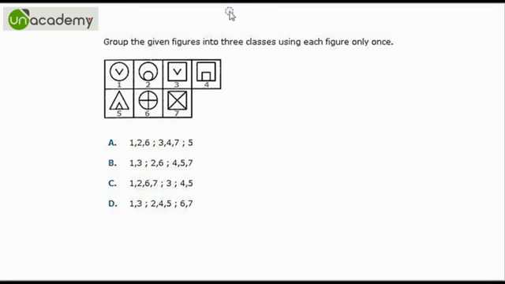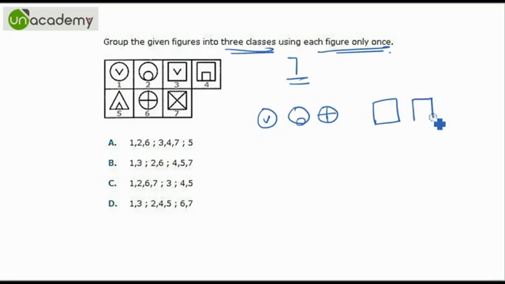Let us see this one. Okay, so now here we have 7 figures and we have to make 3 groups using each figure only once. So the simplest way is to divide them into type of figures. We see that 3 figures have circles like this, and 3 figures have squares like this, small square inside and this cross, and one has a triangle.